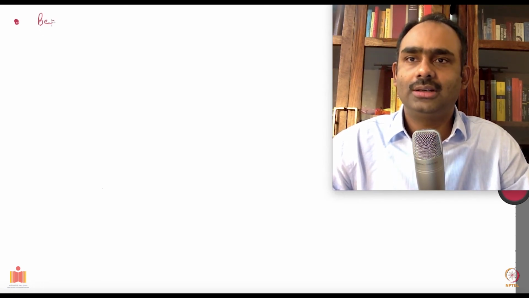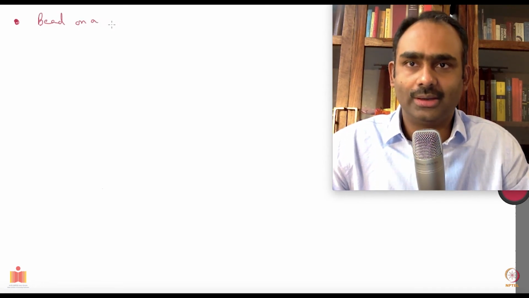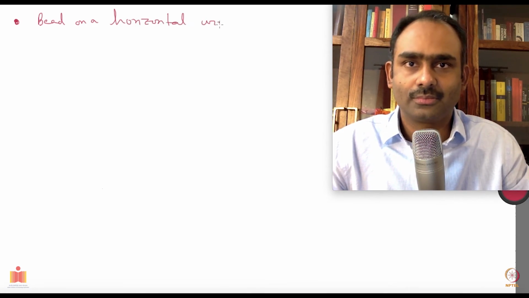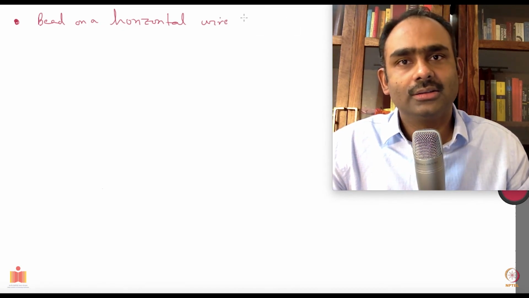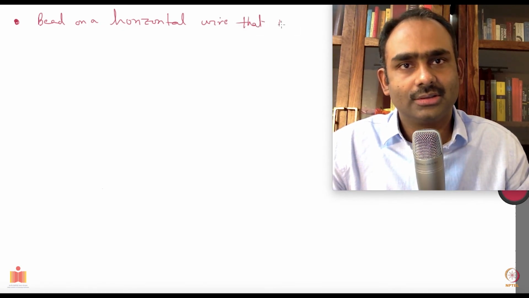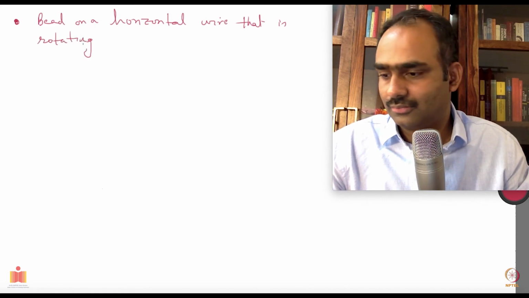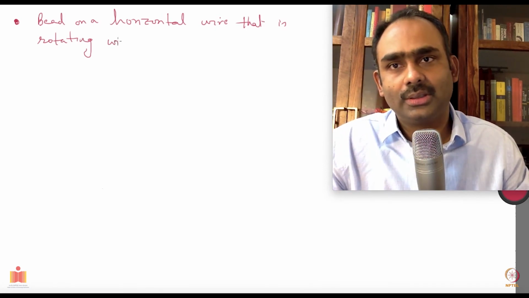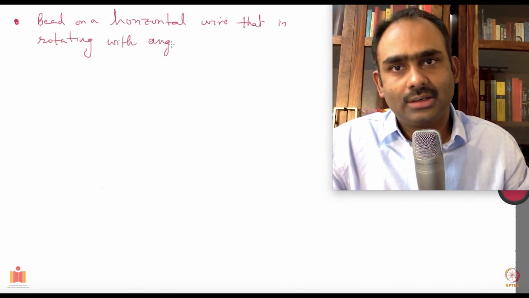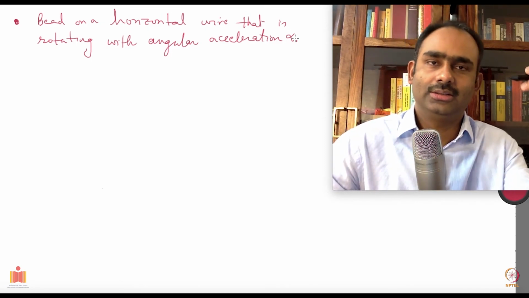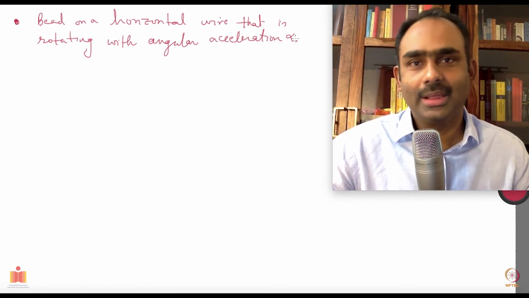So example 2 is bead on a horizontal wire that is rotating with angular acceleration alpha.